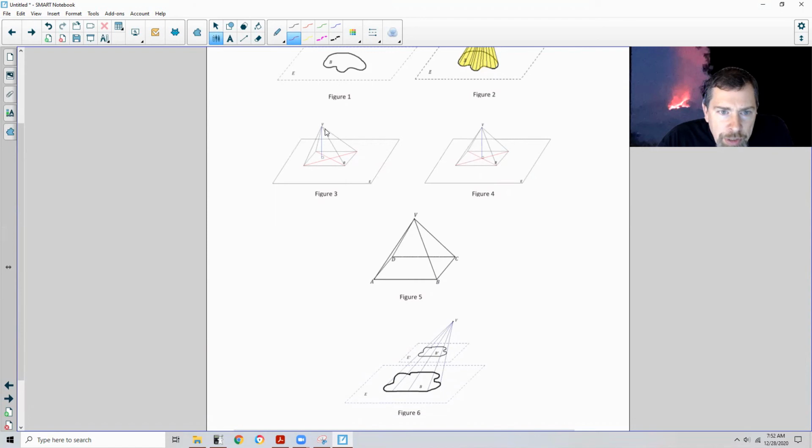And this one here, notice the point is offset. So if I dropped a lateral, it would not hit the center of the rectangle where the diagonals meet. But over here, this is uniform. And as we go up, the base shape would be similar to every slice that we would cut horizontal and parallel to E, or base B. In this case, we have the sides are different, okay? And the sides are called lateral faces. So these lateral faces are not congruent.